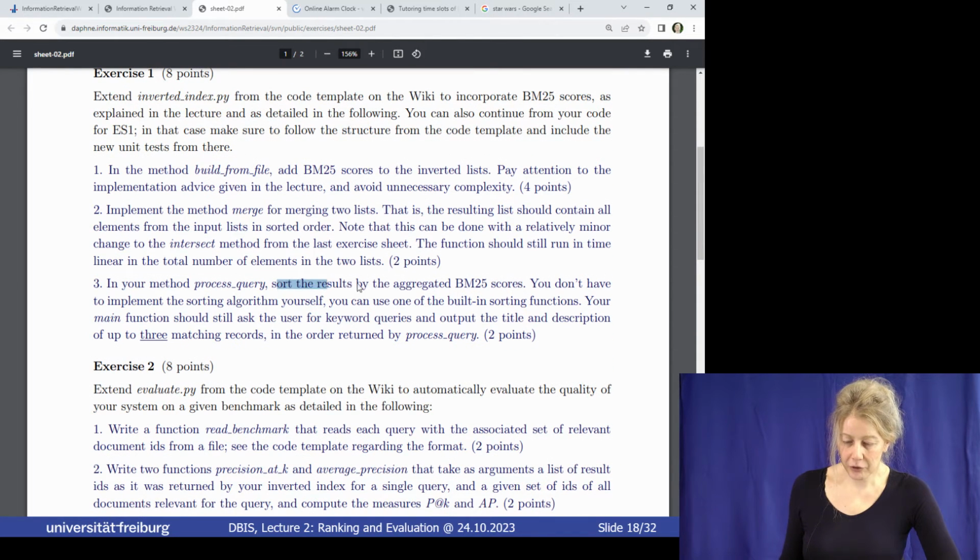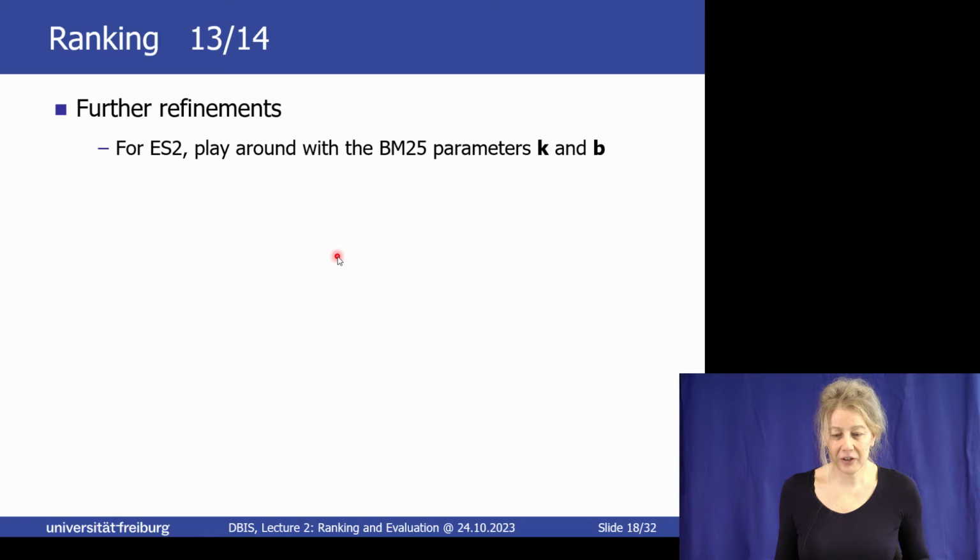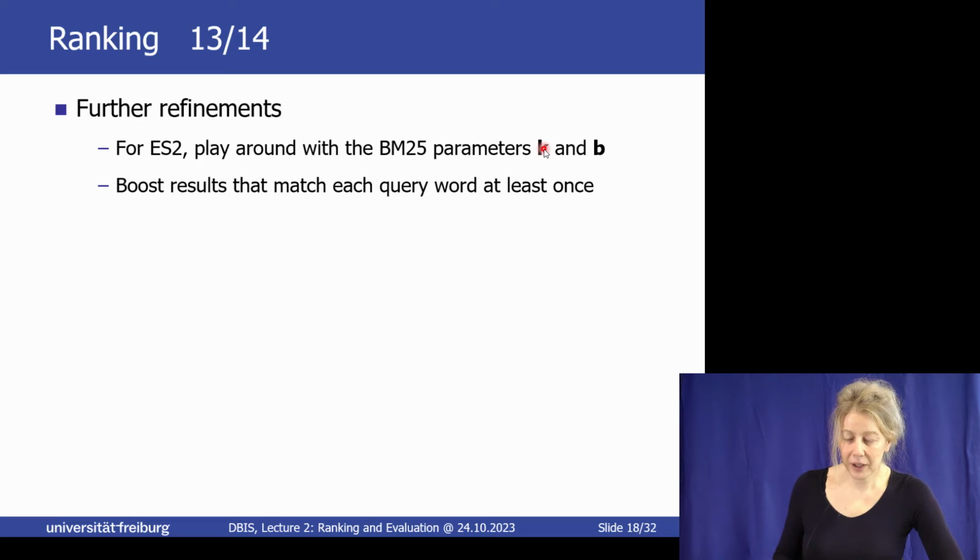And then sorting, I also explained that you can just use sort. If you have free capacity, implement a partial sort. So that's the first part of the exercise sheet. And then you should play around with K and B and see how well they work. We will talk about the second exercise later when we talk about the second part.